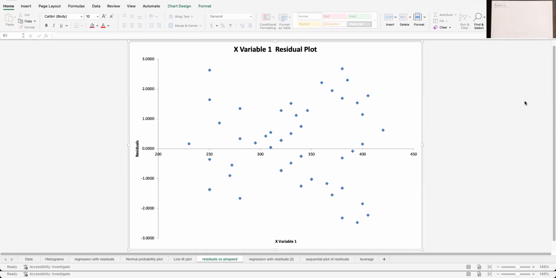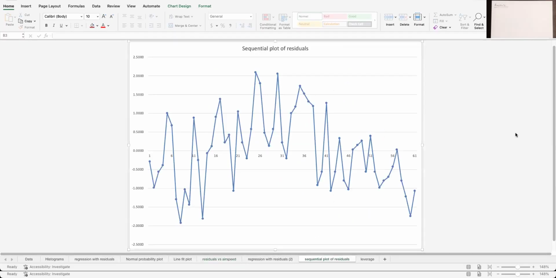I see back and forth, but I'm not sure I see it in a sequence. I can change that. I can ask Excel, hey, connect the dots. Are they moving back between positive and negative clearly? No.